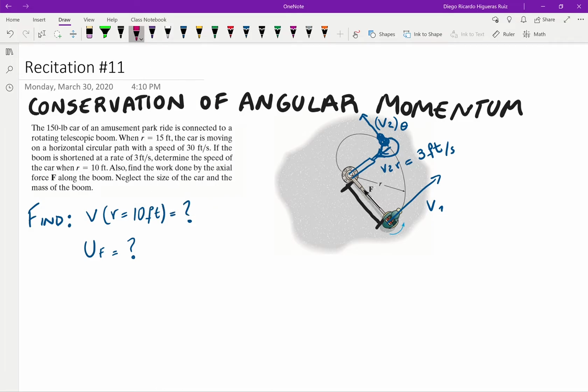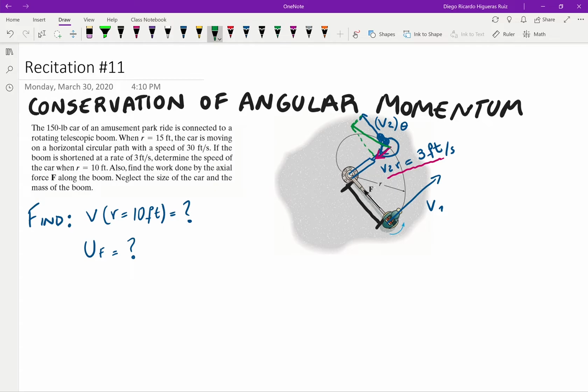Okay, there we go, that's better. It's gonna be my v2r. So you can tell that the total velocity, in green, is just the sum of those two velocity components.